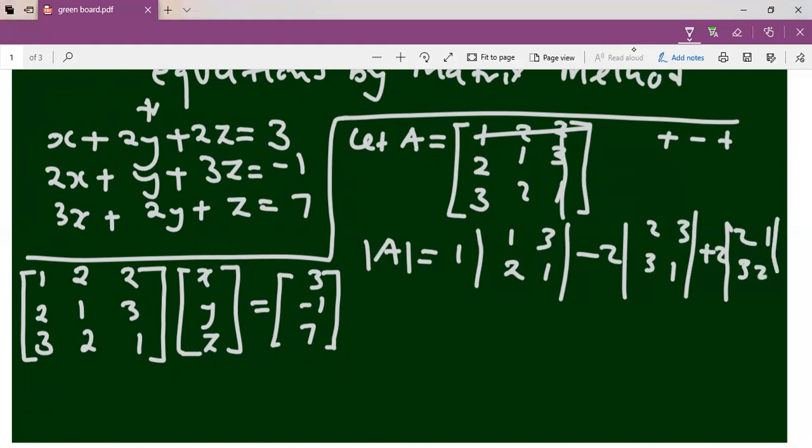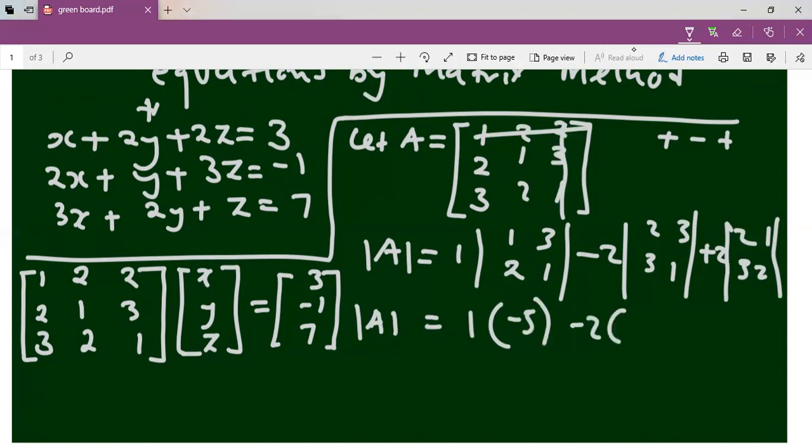So from here now, we find the determinant of each. So determinant of A is equal to 1. So 1 by 1 is 1 minus 6. So we get -5 here, minus 2.